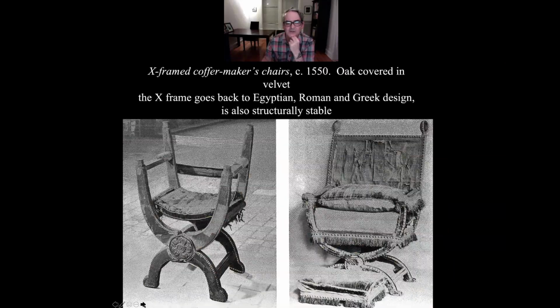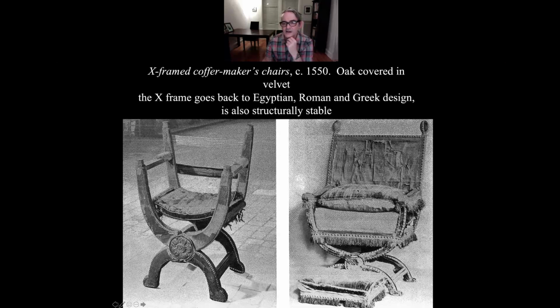And here are some chairs, some old photographs of some chairs from the 16th century. Early attempts at upholstery. This has similarities to Egyptian, maybe Roman designs. And here, this one, it's kind of beat up, to be fair.